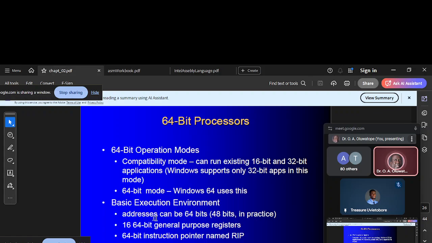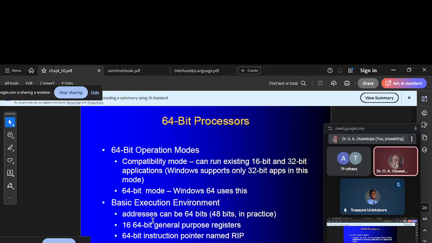Basic execution environment. Address can be up to 64 bits, but in most applications they are 48 bits. There are 16 64-bit general purpose registers, and then the instruction pointer, just as I mentioned earlier on, EIP, which is 32 bits in this case, is described as a 64-bit.